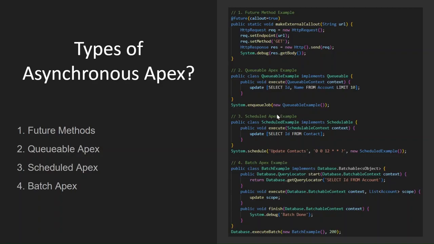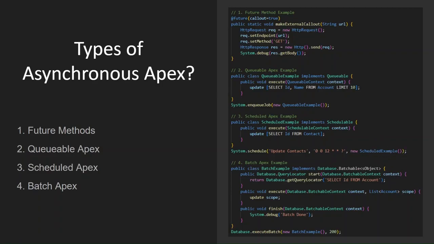Then we have this scheduled Apex example where we have this Apex class, and we are implementing this Schedulable interface, and we are implementing the logic in this execute part, and we can schedule this Apex class using this boilerplate code here, that is System.schedule, the name of the job, and the cron expression, which shows at what time or in which time duration our scheduled Apex will run, and the instance of the schedulable Apex class.